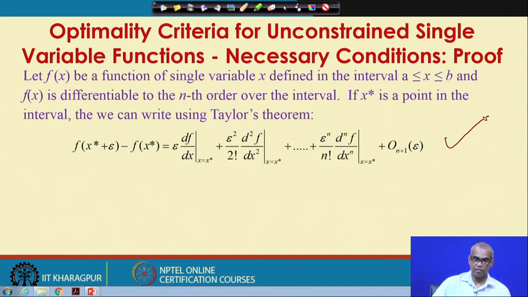Then we can write f(x star plus epsilon) minus f(x star) equal to epsilon into the first order derivative plus epsilon square by factorial 2 into the second order derivative evaluated at x equal to x star, and so forth. We have shown up to the nth term, then there are of course the (n plus 1) order term, (n plus 2) order term and so on and so forth.